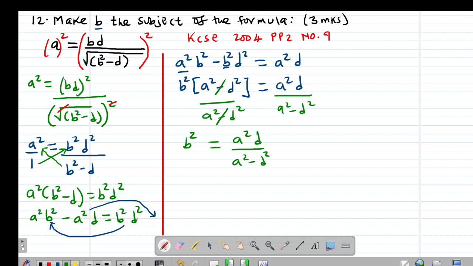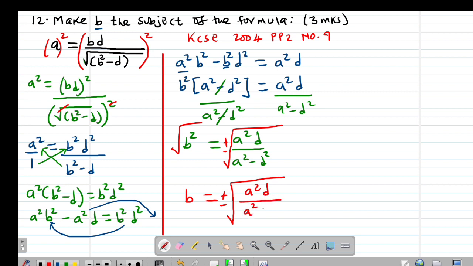Then I'll take square roots on both sides so that I remain with B. I'll take square root on this side and also on this other side, but remember square root is a plus or minus, so that means the value of B will be equal to plus or minus the root of the numerator A squared D, divided by the denominator A squared minus D squared.